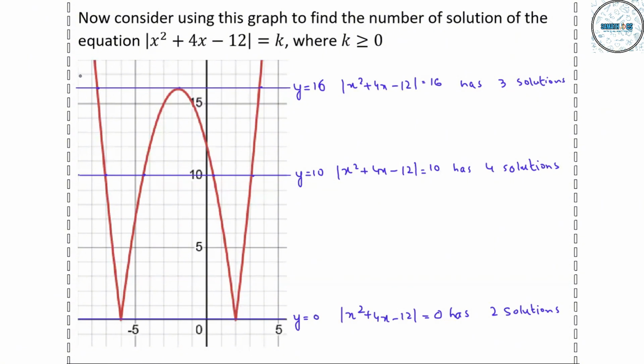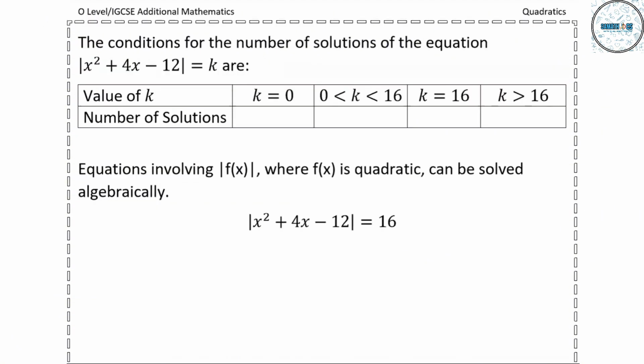In the same way, if we draw a line at y is equal to 17, then absolute of x squared plus 4x minus 12 is equal to 17 has 2 solutions. We can sum this up in the table.